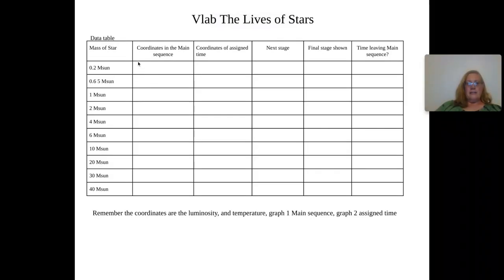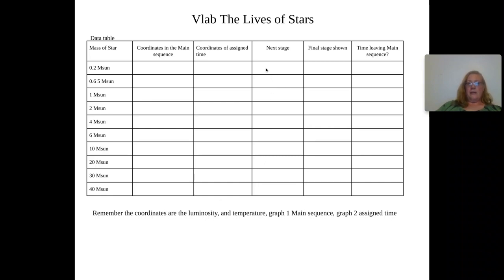Okay, so this data table, and you can see the coordinates of the main sequence. That's what our first graph is going to be. And remember that these coordinates are the luminosity and the temperature. And then in class, I'm going to assign you a time for your group. So you should be working with someone. And then these are other pieces of information.